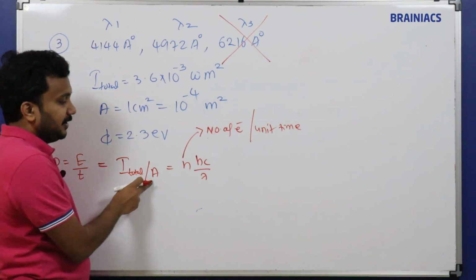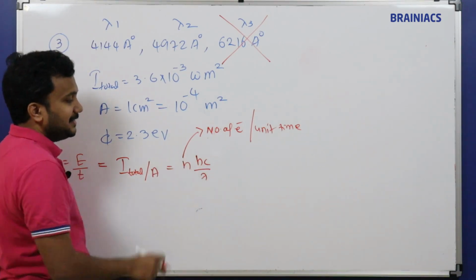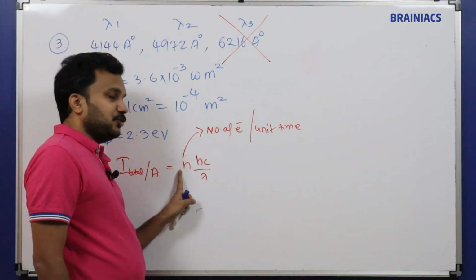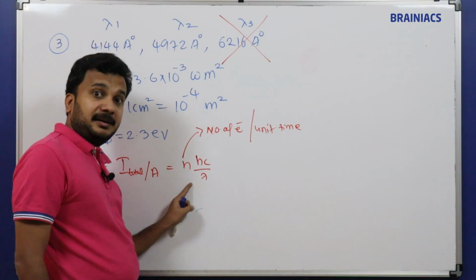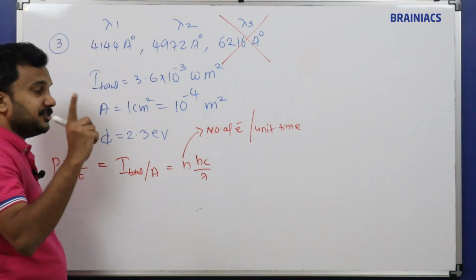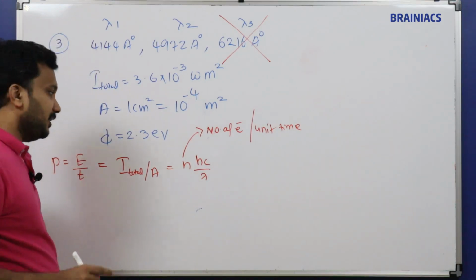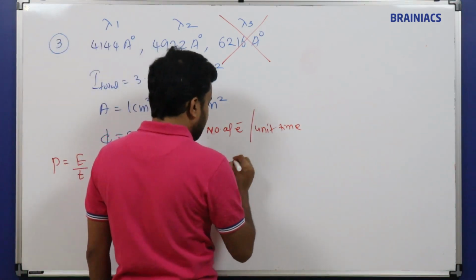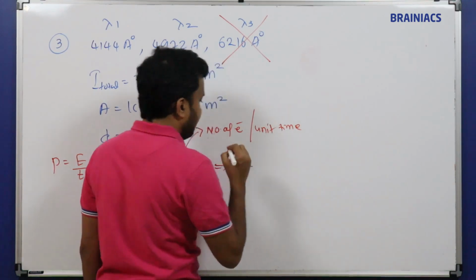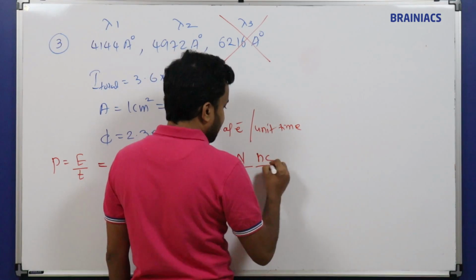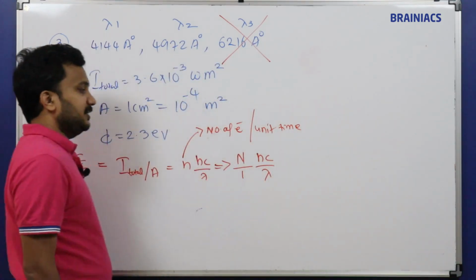Power means I total divided by area, equal to n into hc by lambda. N is a number divided by time, which means in 1 second, how many electrons. So this can also be written as n by 1 second, with time being 1 second, and hc by lambda.